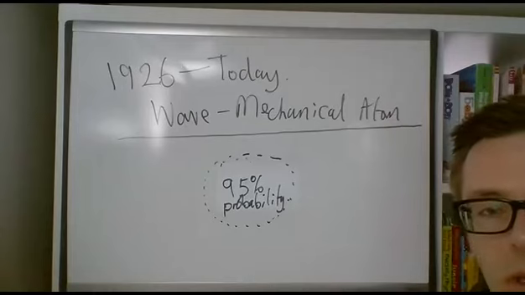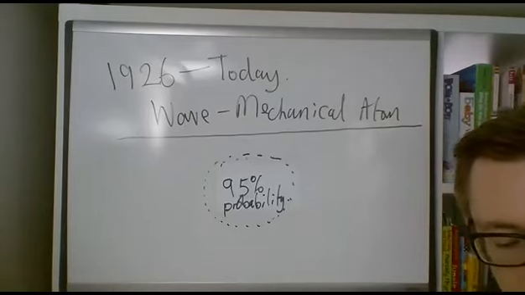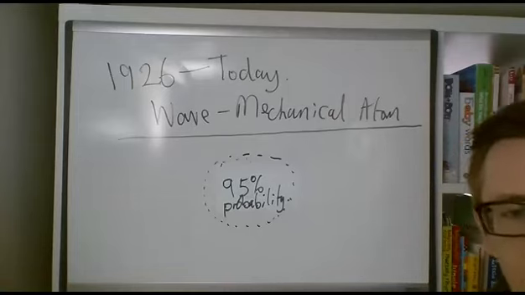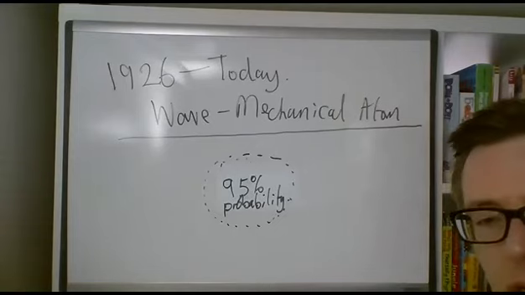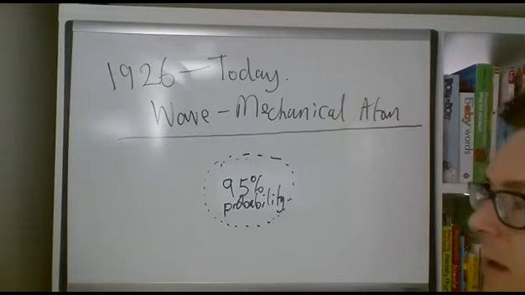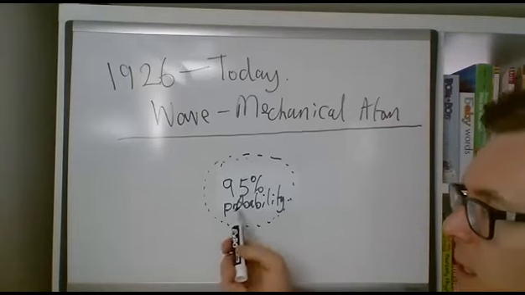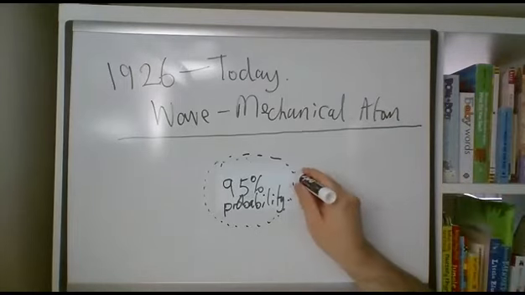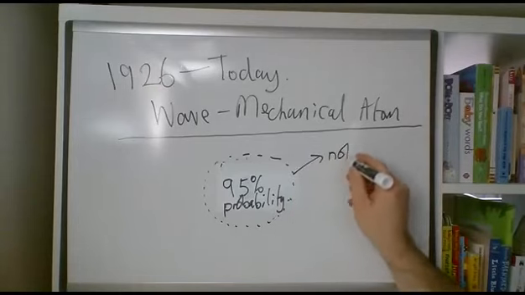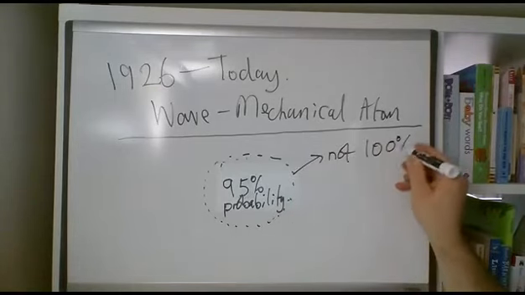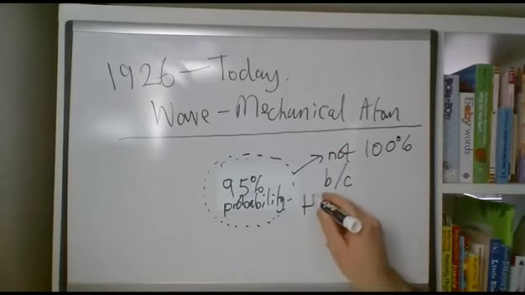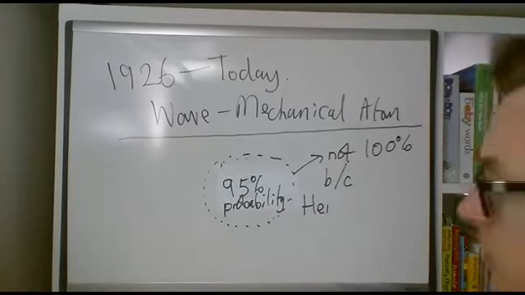You'll see when we study Chapter 9 that the structure of the atom is complicated and it's governed by new quantum mechanics, which is an indeterministic concept. So because of indeterminacy, we have probability. So it's not 100% because of something called Heisenberg's uncertainty principle.